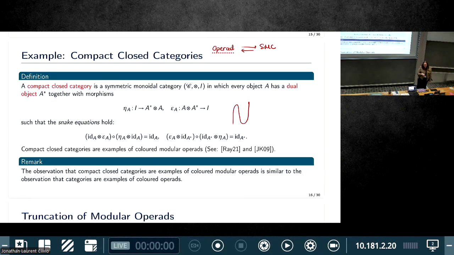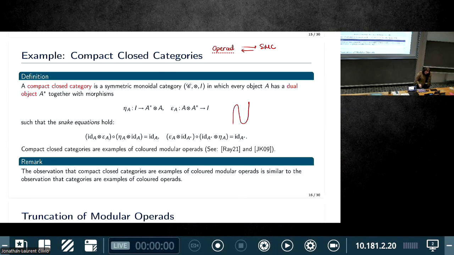I didn't do the underlying categorical thing for this, I did it for cyclic operads, so we'll get to that. So there is a sense of duality that happens, and I mean that in the categorical sense also, but it's quite strict. It's modular operads.